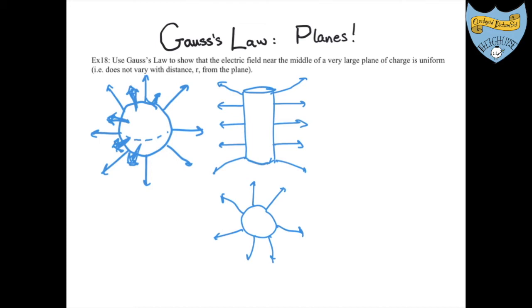Now, elsewhere in your textbook, you may have heard of things like, quote, uniform electric fields. A uniform electric field is one where the field lines are all drawn uniformly spaced like this, because the spacing indicates that the field strength is uniform. If the spacing doesn't change, then that's a field which is of constant magnitude everywhere. But we've already learned that cylinders don't give you a constant electric field.